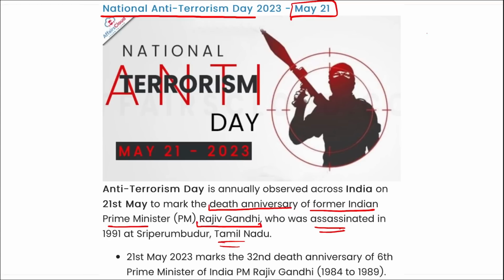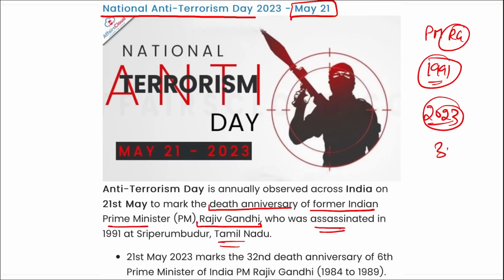This year, 2023, marks the 32nd death anniversary of our former Prime Minister of India Rajiv Gandhi, and he was the sixth Prime Minister of India between 1984 to 1989, right?